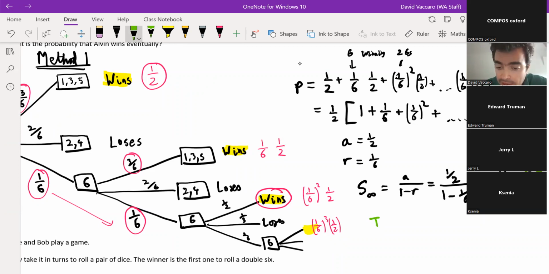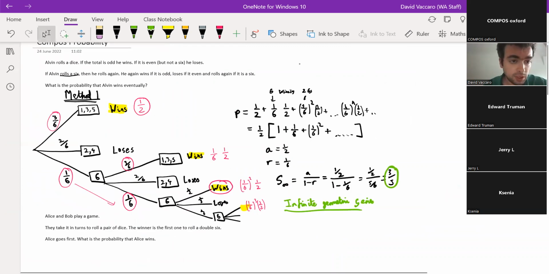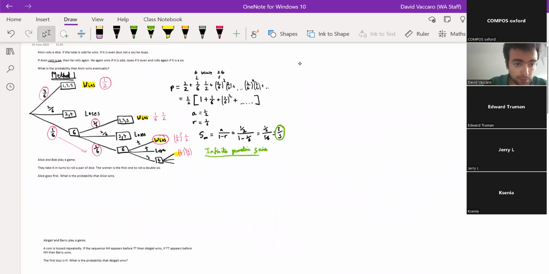Okay, and that's an infinite geometric series. And I think this is the method that I would expect to be the most common method that people would use.